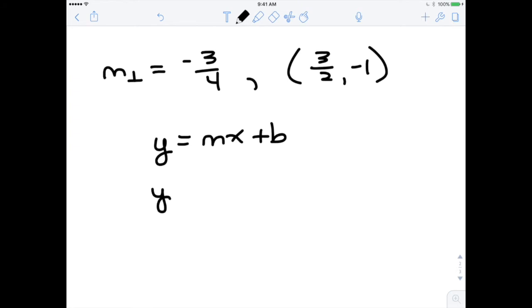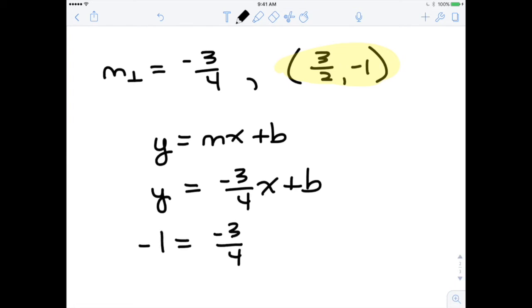So here y equals -3/4 x plus b. As I said in an earlier video, this equation is valid for any point that lies along the line, so it's valid for (3/2, -1). Let's substitute those in. We've got -1 equals -3/4 times 3/2 plus b.